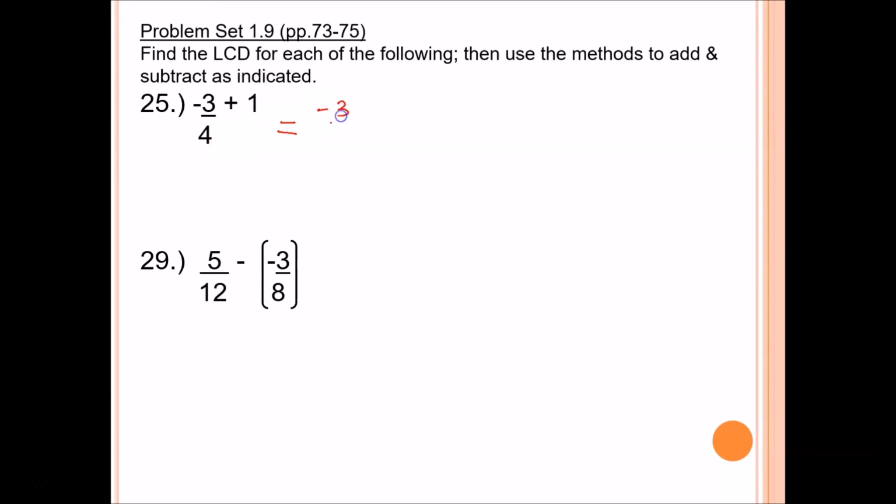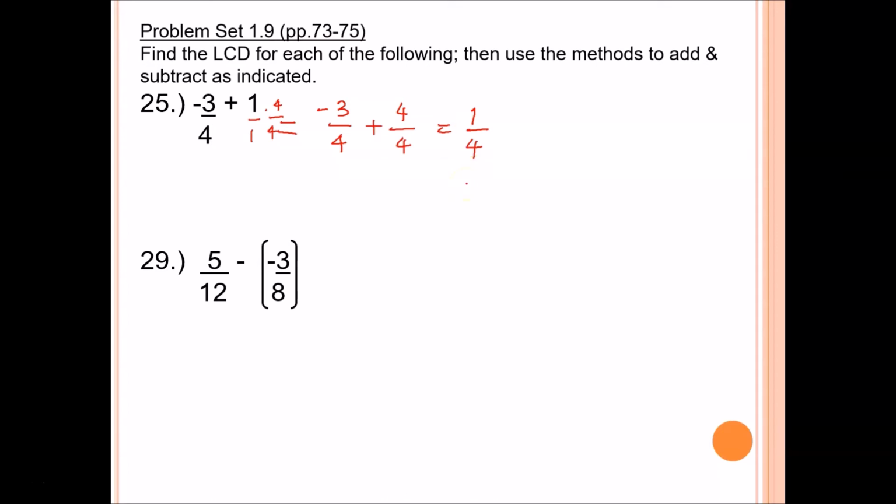So first we copy 3/4, and we know that 1 is the same as 4 over 4, right? So 4 over 4, and 4 minus 3 is 1. And so we have the final answer, 1 over 4.